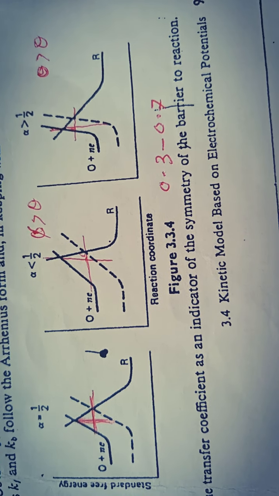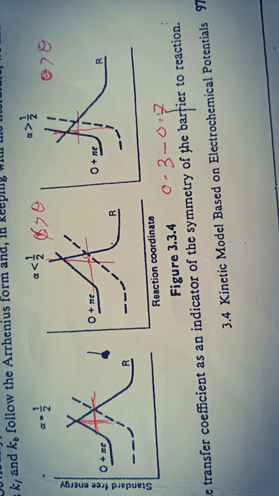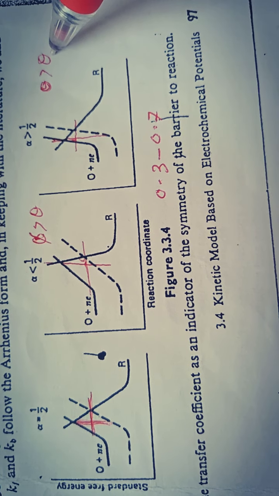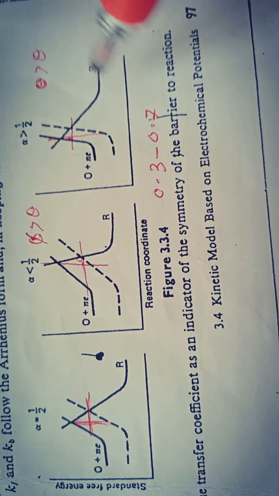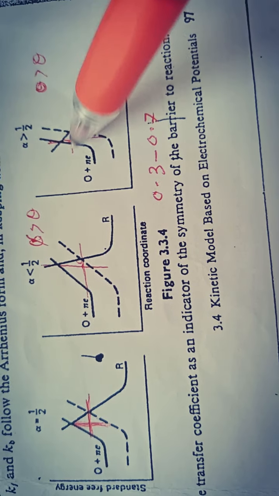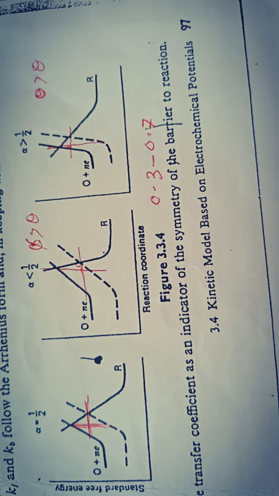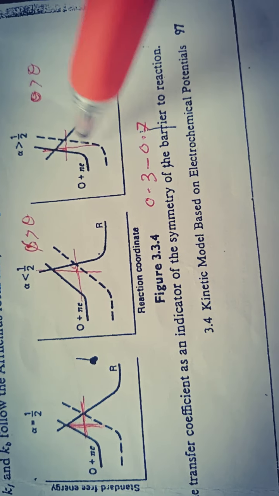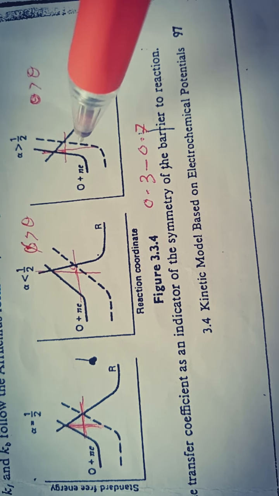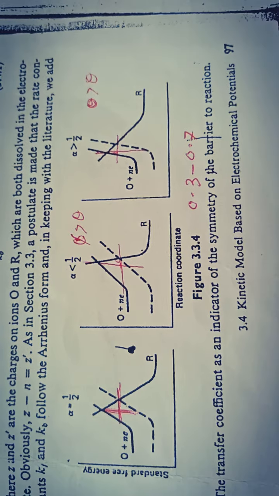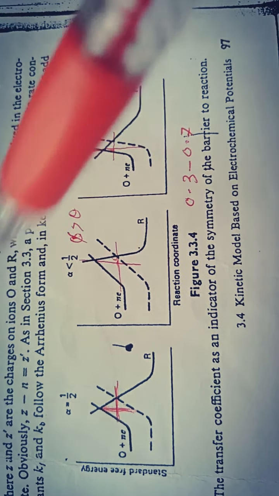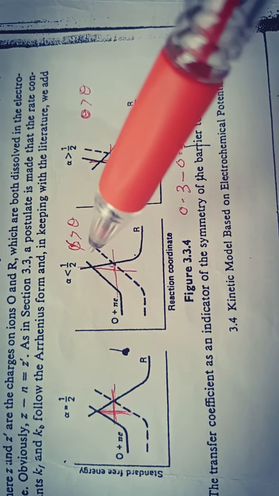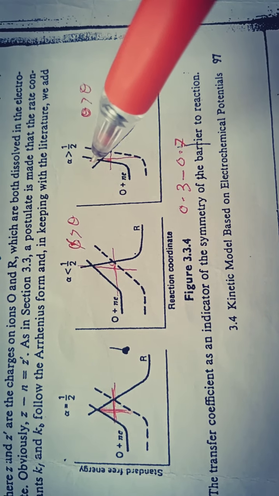From this figure we have seen that the angles theta and phi depend on the location of this perpendicular intersection, which turns the value of alpha to either half, less than half, or higher than half.